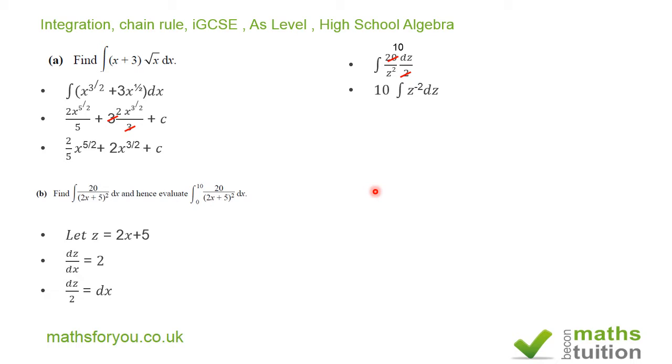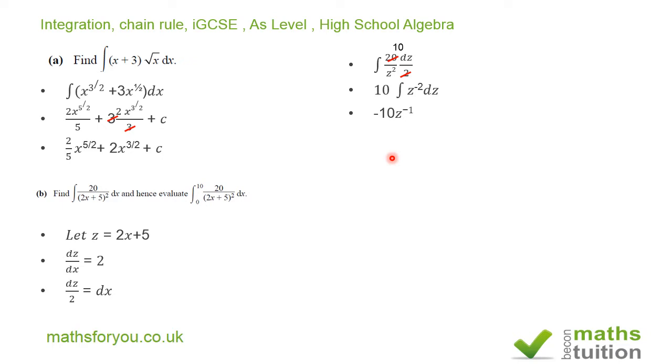And I can write my 1 over z squared as z to the power minus 2. So I can now integrate this bit here. If I add minus 2 to plus 1, I get minus 1 and then divide by minus 1. So I end up with minus 10 times z to the power minus 1.